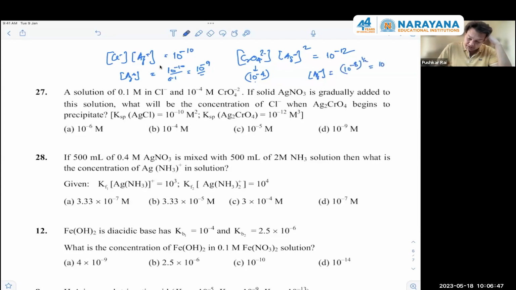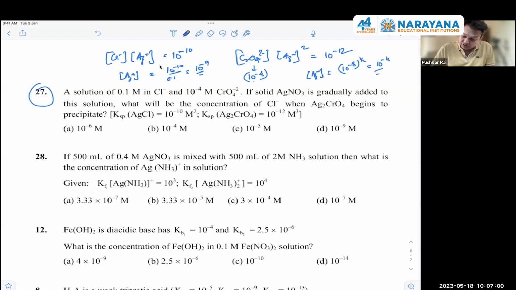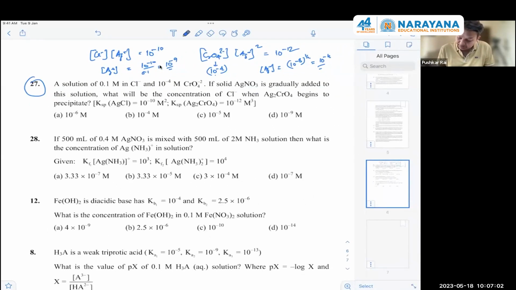So in this question, it is clear that AgCl will be precipitated first. And as Cl negative starts getting precipitated out, the question becomes one of selective precipitation. The question is now of selective precipitation.